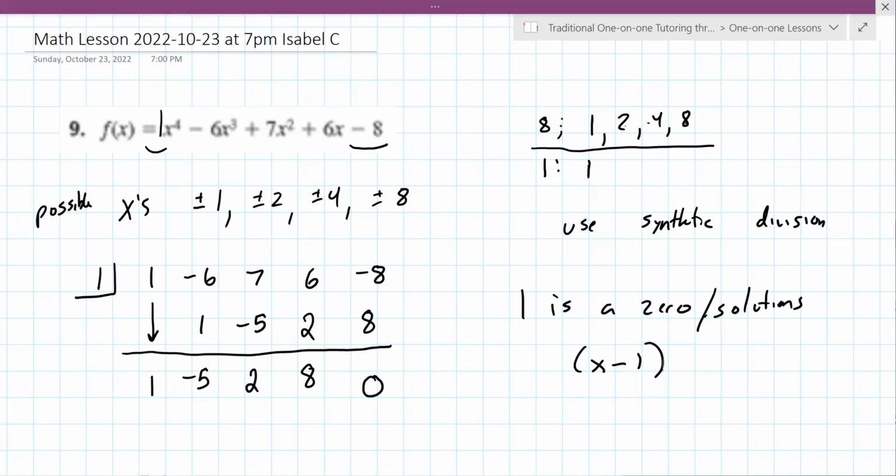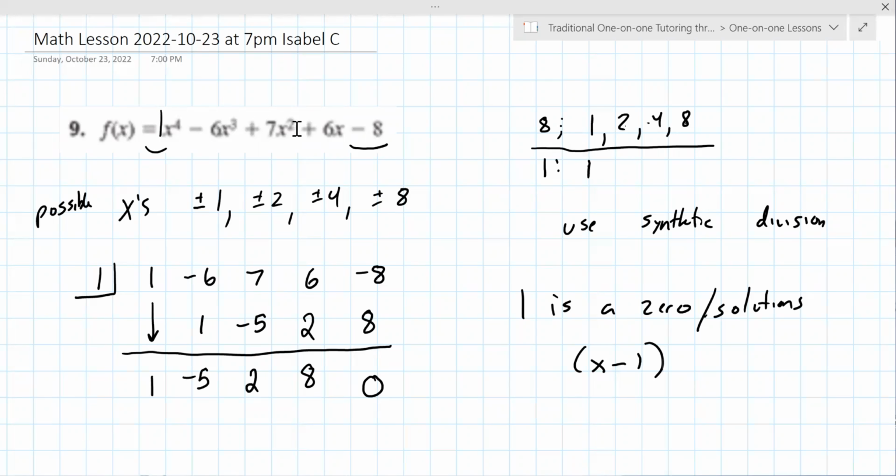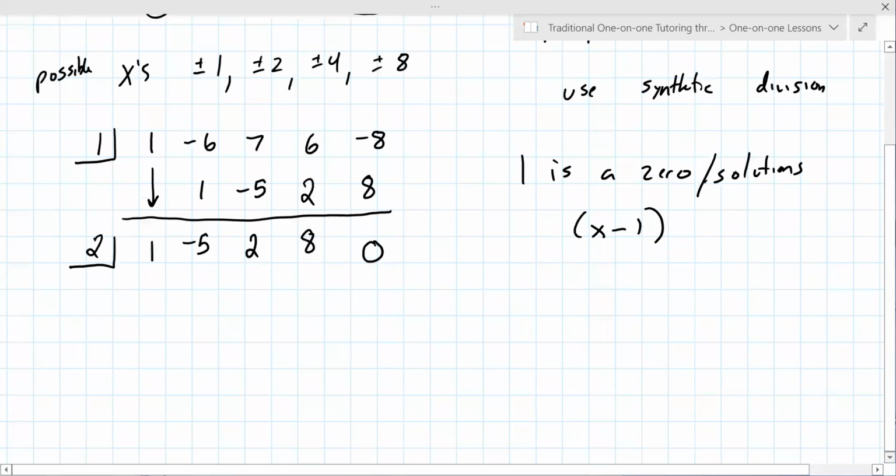That's why it's so important to know whether you're going to have the graph or not, because you can essentially be guessing blindly. This one does not have a double root, so you don't check 1 again. But that would normally be the approach. Like if you didn't have a calculator, if you're doing this 100 years ago, you would just try 1 again, and maybe it works, maybe it didn't.